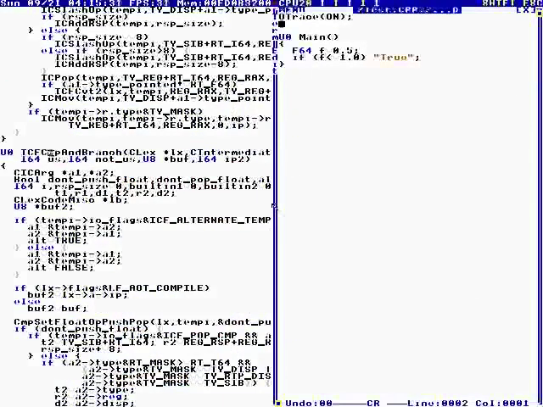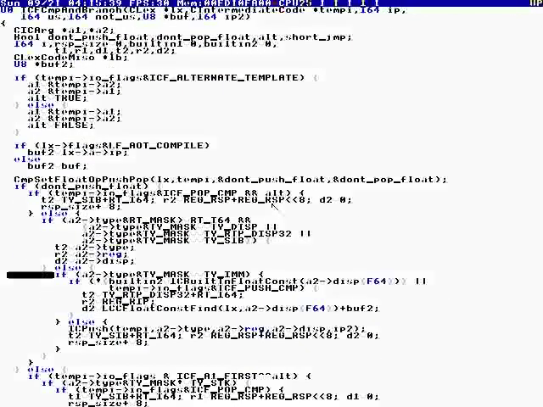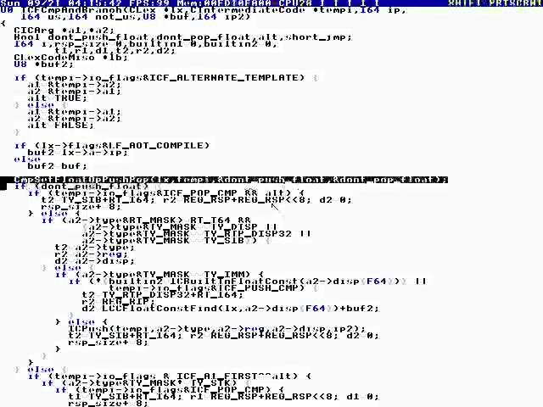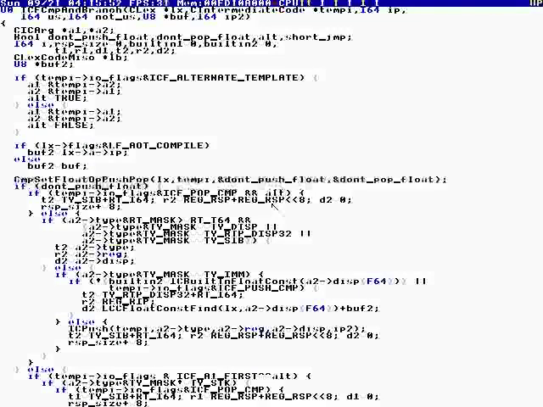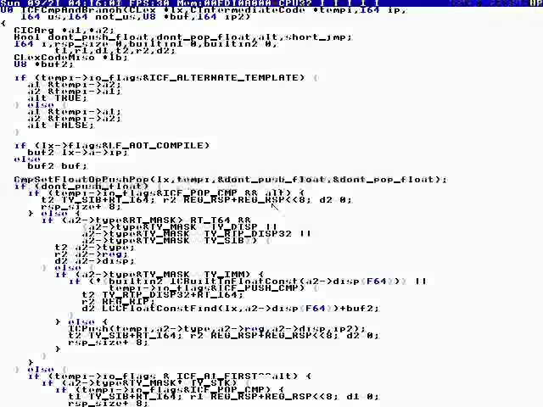Okay, so long story short, what this routine does is if the last operation was a float, then we try and use the floating point stack, like if you said compare to 1 plus I, it would try and use the floating point stack as a register variable.